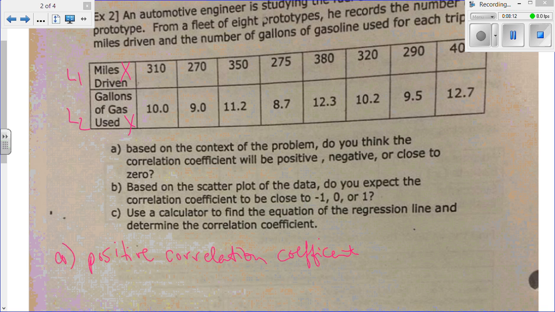Okay, that would be a positive correlation coefficient. So that would mean the more you drive, the more gas you use if you look at this data.